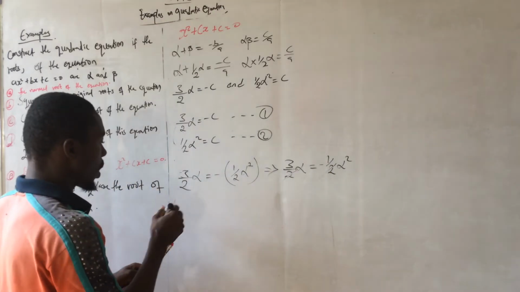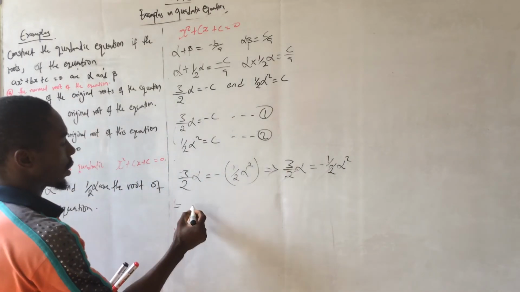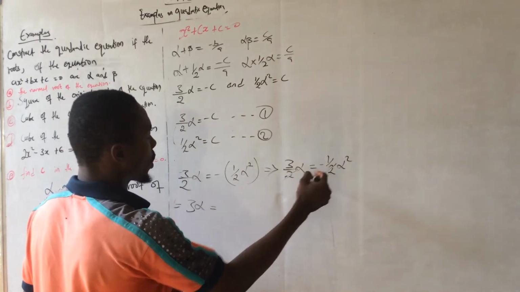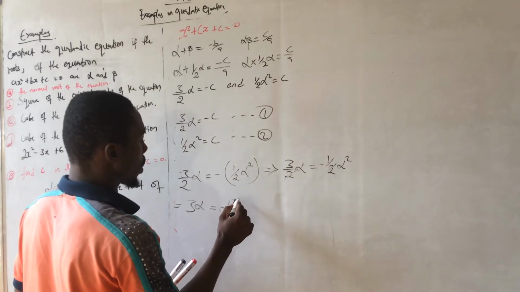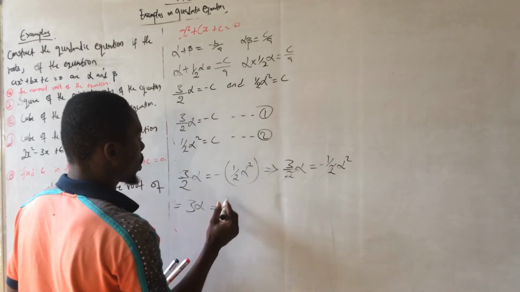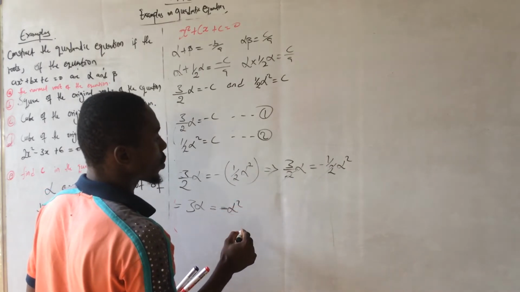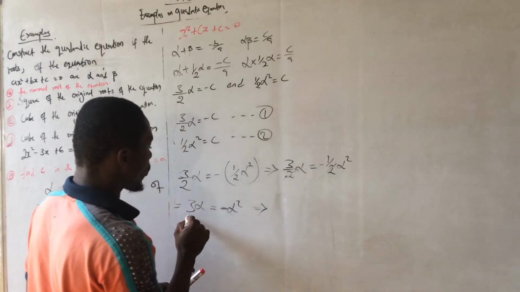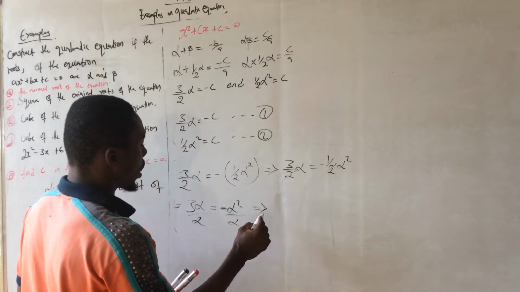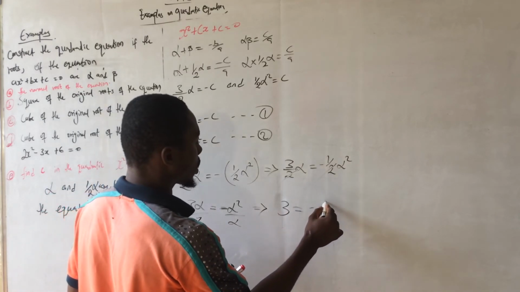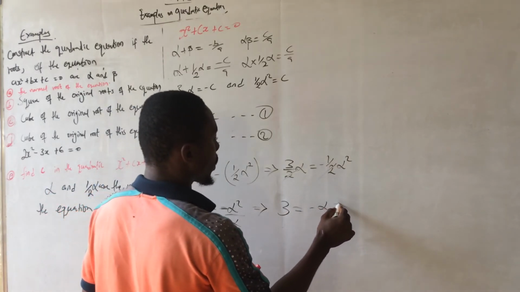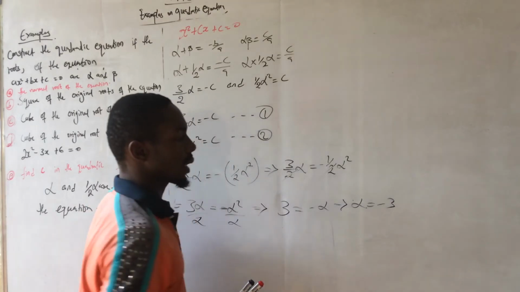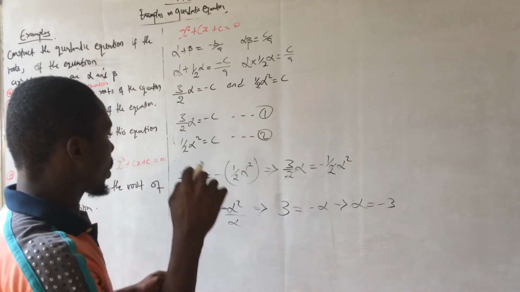Now we can divide this out. What I'm left with here is 3 alpha equal to negative alpha squared. So this implies that when alpha divides both sides, I'll have that 3 is equal to negative alpha, which implies that alpha is equal to minus 3. And if alpha is equal to minus 3, we are going to check.